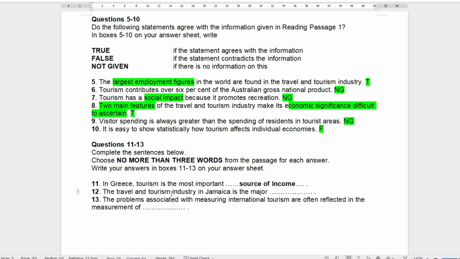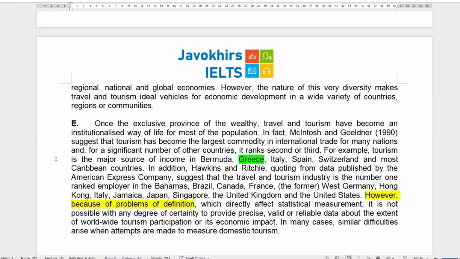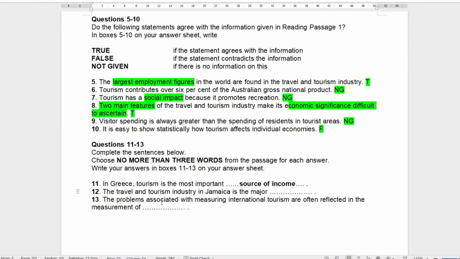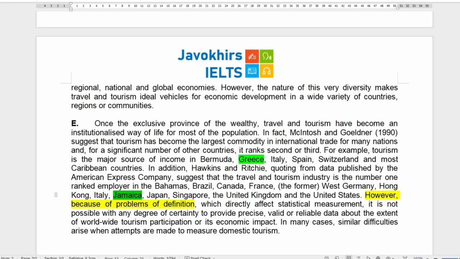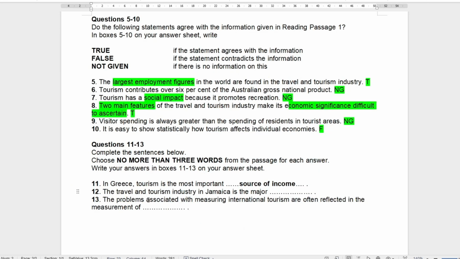Now, the travel and tourism industry in Jamaica is the major what? Do we have Jamaica? We have Jamaica over here. In addition, Hawkins and Richard, quoting from the data published by American Express, said that the travel and tourism industry is number one ranked.